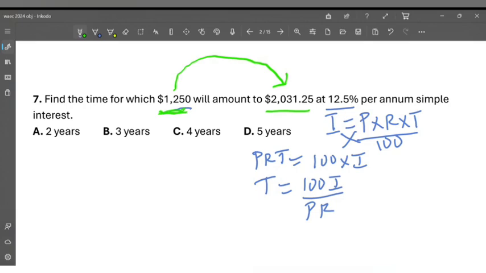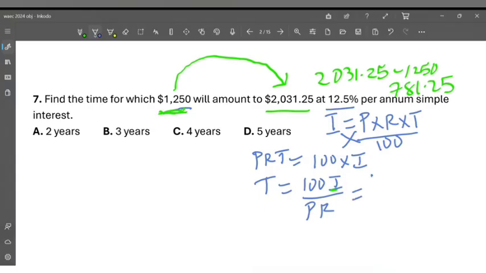So if you go to your calculator and you press 2031.25 minus 1,250, the value you get will be that of your interest. All right. So the interest will be equal to 781.25. Now that we have our interest, we can come back to this formula and use it to solve.